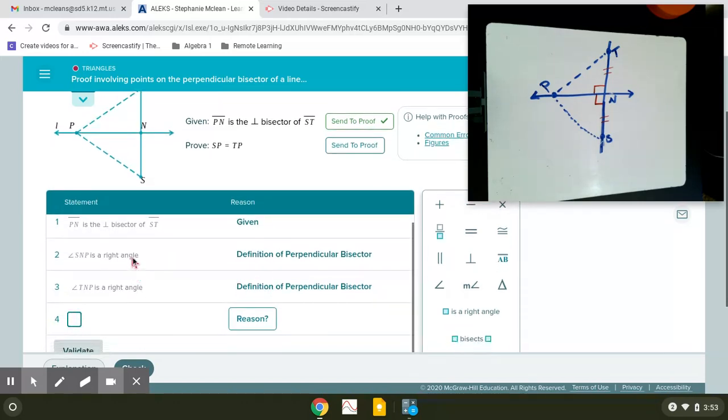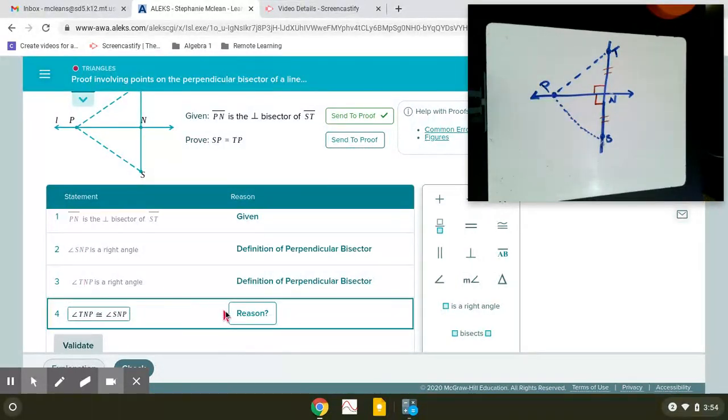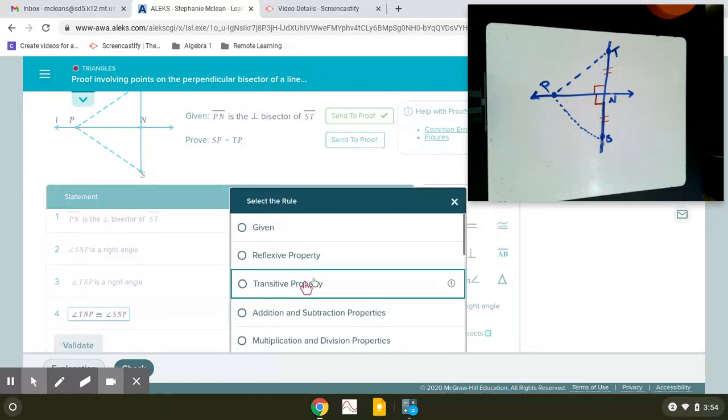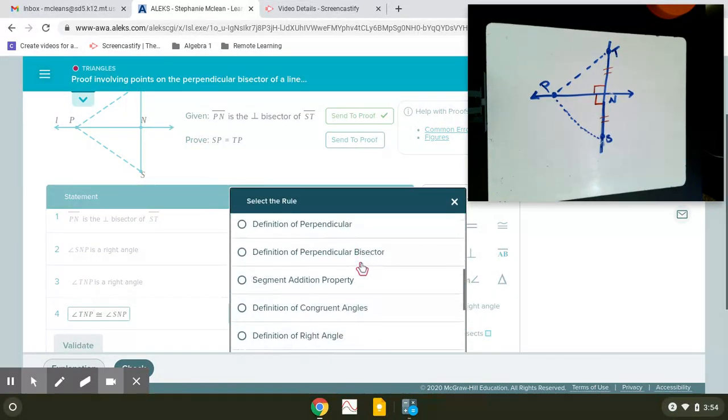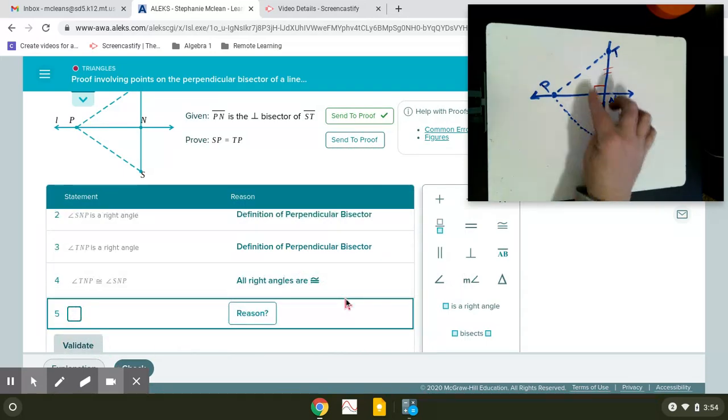Because both of those angles are right angles, they are equal to each other. So angle TNP is congruent to angle SNP, taking the two angles from line 2 and line 3, because all right angles are equal. So we've shown that those two angles in the middle are equal.